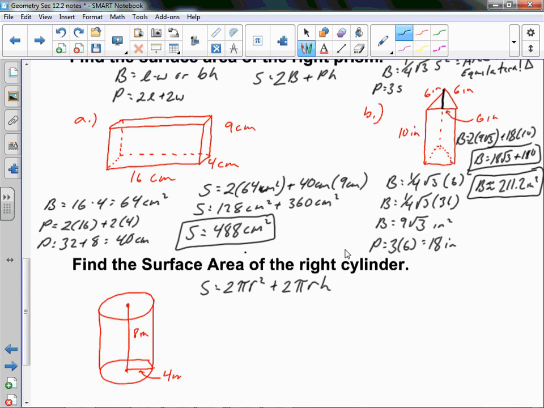Right, so radius is 4 inches, height is 8 inches. Actually, those are meters, sorry. So surface area, 2 pi times the radius squared plus 2 pi times the radius times the height.